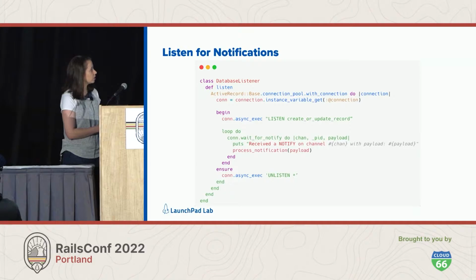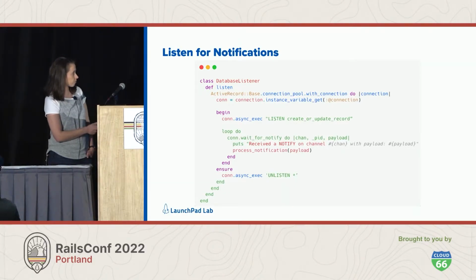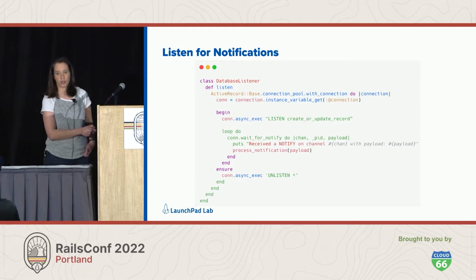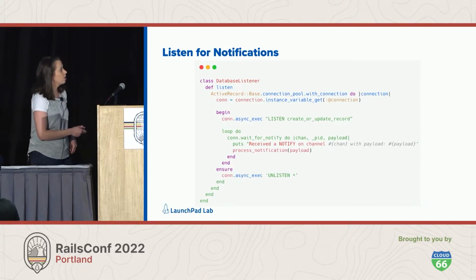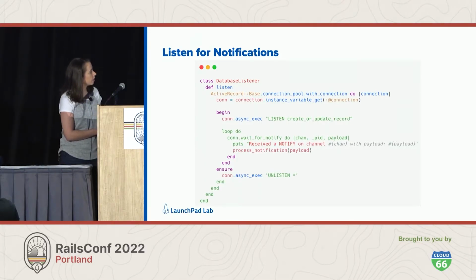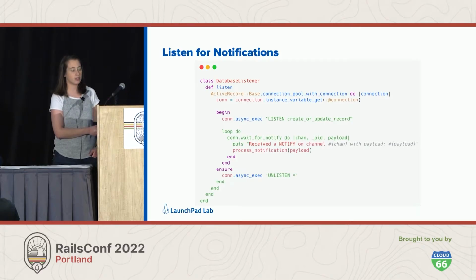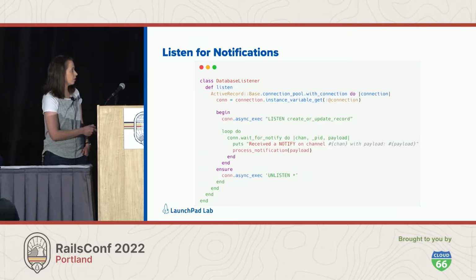So to back up just a little bit and put it all together with Ruby, we've got quite a few interesting things here. First of all, you can open a direct connection to Postgres with Active Record. Many of you maybe have done this in other areas of your app. And then using the Postgres adapter, in our case, because we're using Postgres. You can also be dynamic here, but essentially you'll start this infinite loop so that it's always listening.